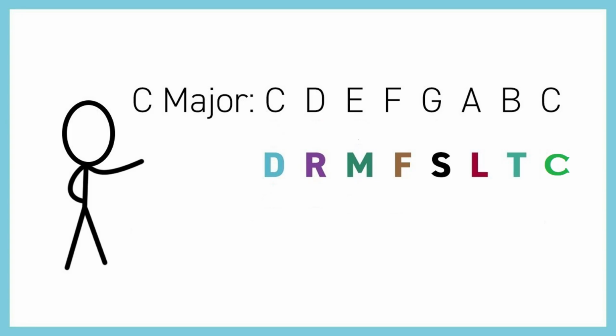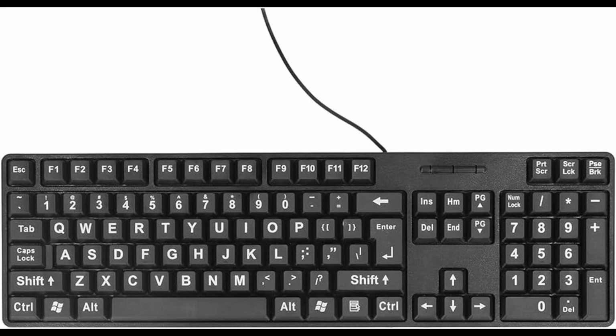We're going to use these 8 computer keys to play the 8 notes: D, R, M, F, S, L, T, C. Now wait, what's that C doing at the end? Well, since the computer keyboard only has one D, we can't use D again for the high do. So we'll use the letter C to represent the second do, the high one.